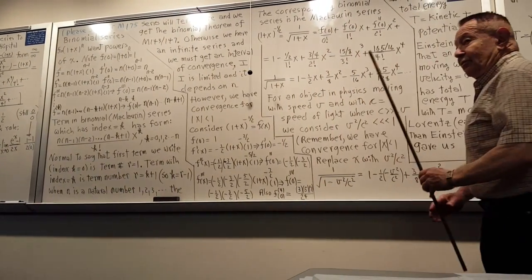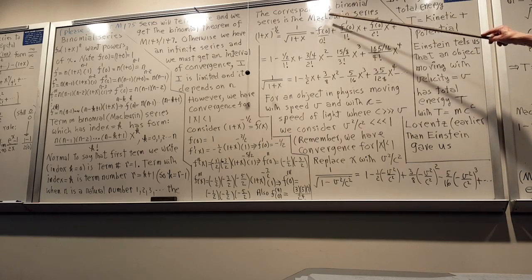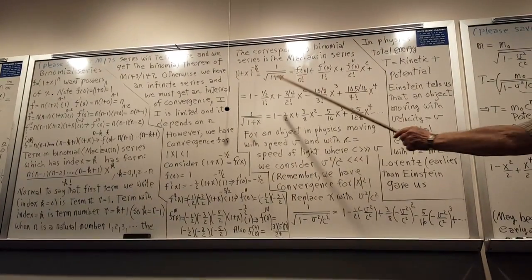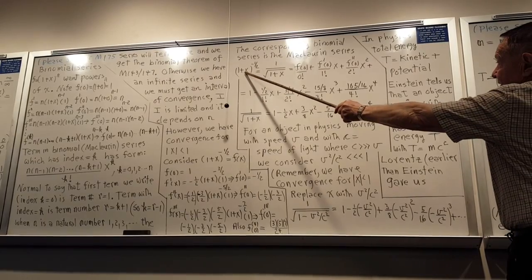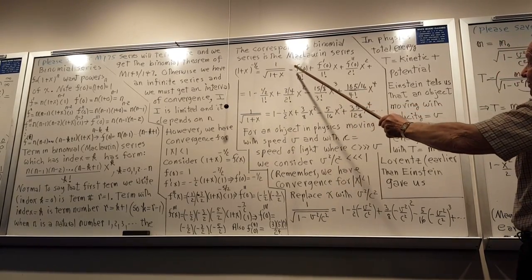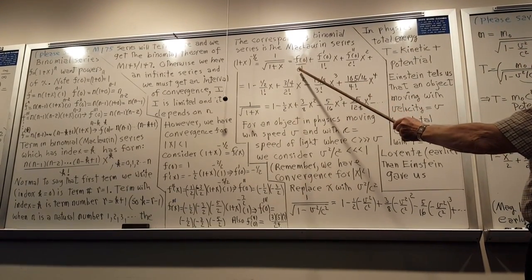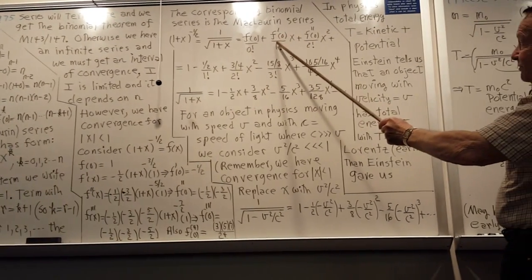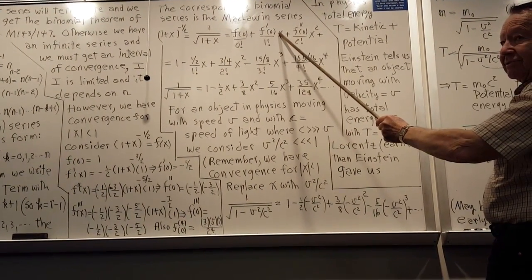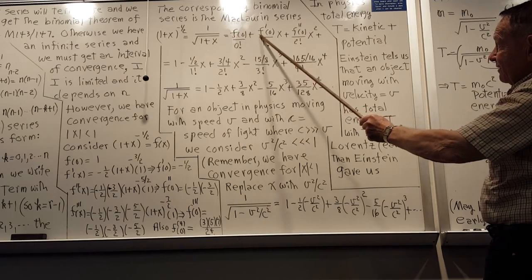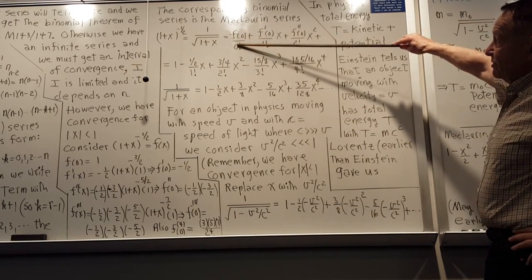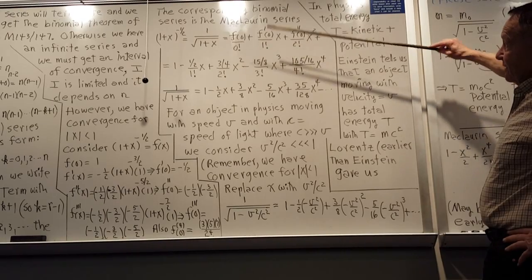So your binomial series, which is really the Maclaurin series for 1 plus x to the minus half, is f of 0 over 0 factorial, f prime of 0 over 1 factorial x. Remember, when you're building a Maclaurin series, you get these coefficients out of your derivatives.